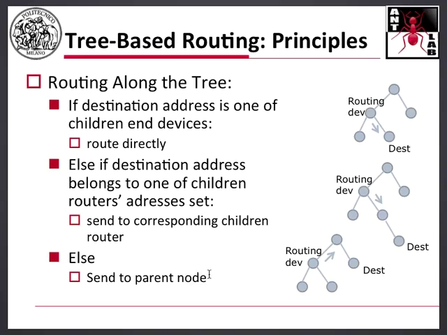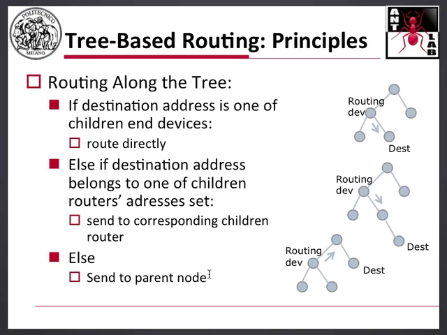That's the very simple procedure for implementing tree-based routing in ZigBee. What any node must do is check whether the destination address of the packet it is managing is one of the addresses which belong to its children.